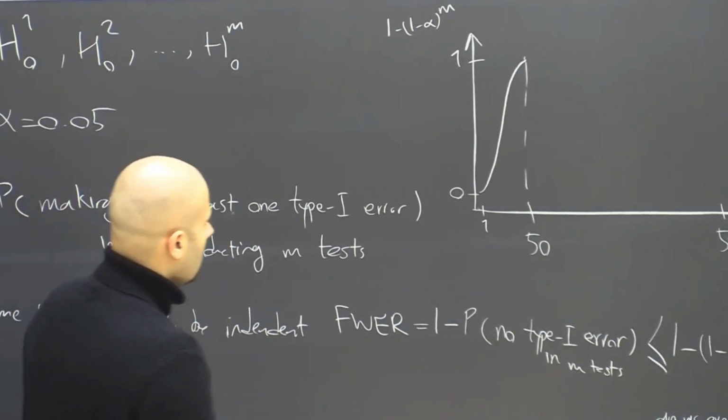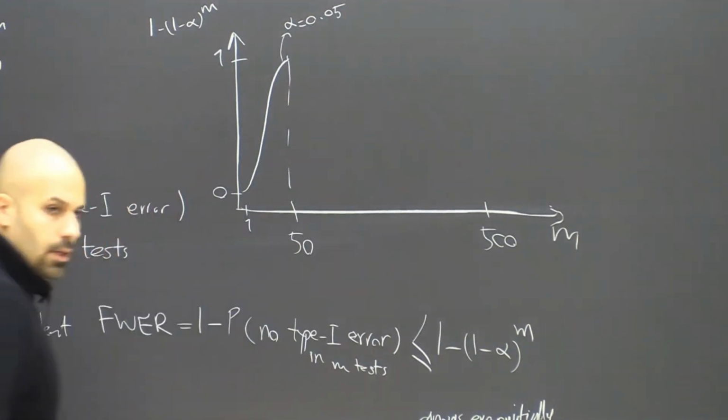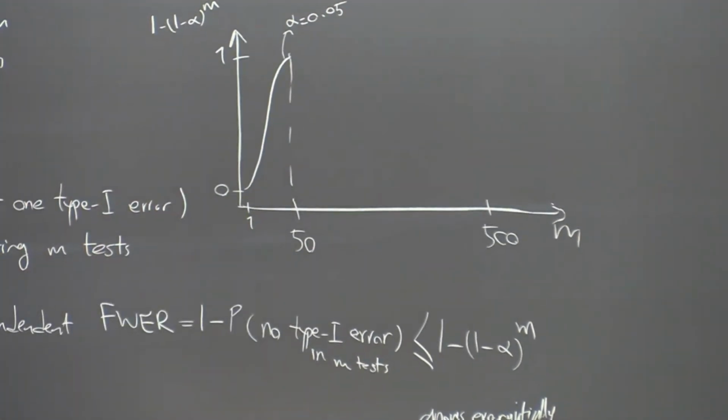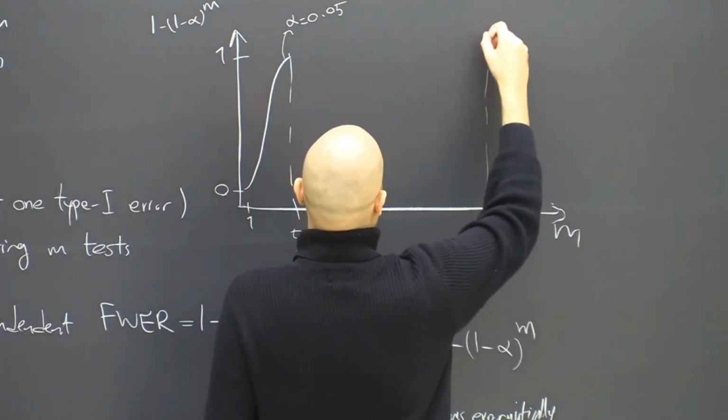So this is where we use alpha equal to 5%. You might be wondering, well, we compare the p-values from these tests to 5%, so let's just compare to a smaller number. Let's compare to 1%. If we compare to 1%, the same thing happens, it just happens later for more tests.